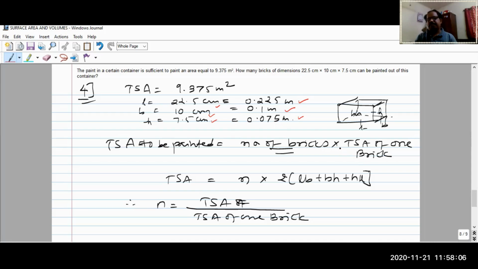Now, the total surface area to be painted is obtained by multiplying the number of bricks by the total surface area of one brick. Are you able to find the total surface area of a brick? It is very simple, just apply the formula for the total surface area of a cuboid.